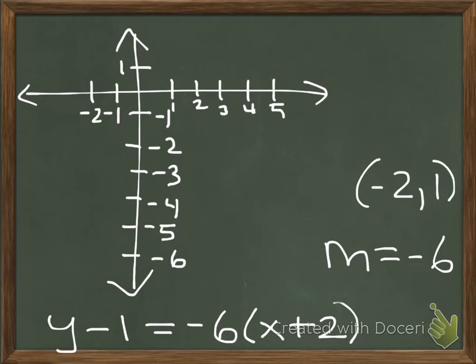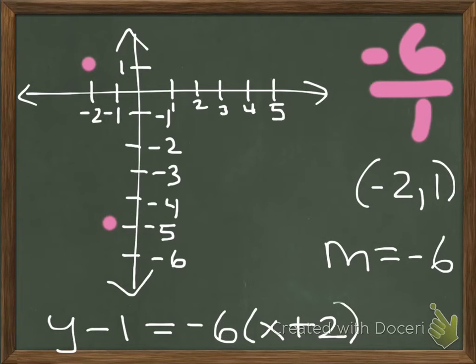I'm just setting up my graph now. So my first point is at negative 2, 1, which is right there. And then I'm going to continue with my slope, which is negative 6 over 1, which tells me to go down 6 and over to the right 1. So it's going to be right there. And then since I don't have any more room, and I have 2 points, that is enough to be my graph. So I draw a line through it.